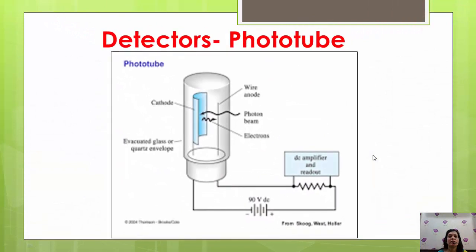The second type of detector is the phototube, where a glass evacuated tube has been utilized. This is the cathode, where all the photons strike. It releases electrons, which are absorbed by the anode, and the light energy is detected. From the amount of light energy, we can correlate the absorbance with the concentration of the salt present in your sample solution.